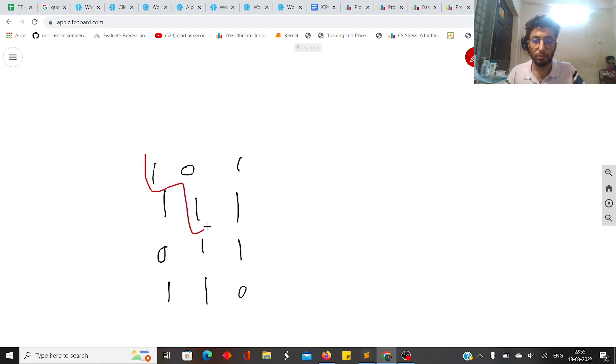Like it can also be like this, and it can also exist like this. So these are all the possible L-shaped elements, and in one operation you select an L-shaped element that contains at least one 1, and you replace all the elements by zero. So in one operation, if you select this L-shaped element, you replace this value by 0 and you replace this value by 0.